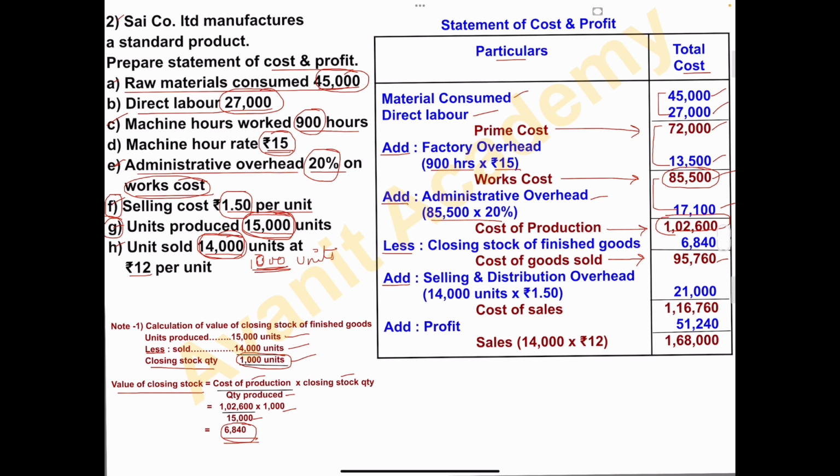So on one unit, the selling cost is 1.50. So how many units are sold during this period? 14,000. One unit selling cost is 1.50. And during this period, how many units are sold? 14,000. So we have to calculate selling and distribution overhead on number of units sold and not on number of units produced.